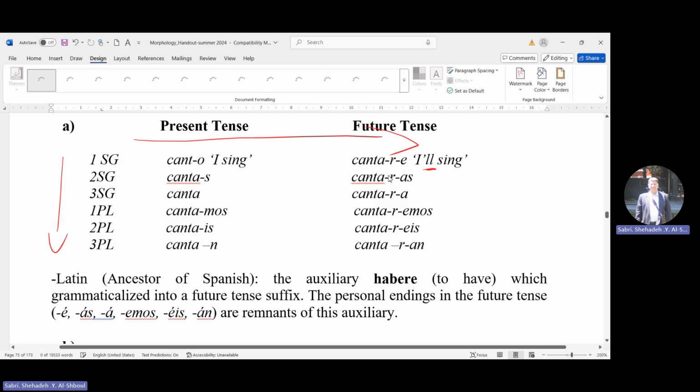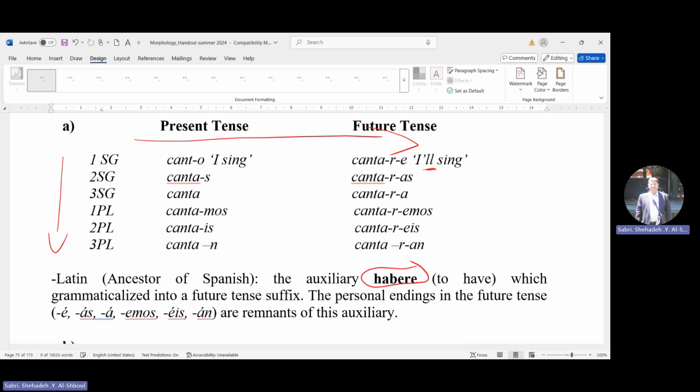If we look into this data, it is interesting to notice that there is a kind of auxiliary verb, which is habere in Latin, which means to have, right, which is of course the ancestor from which Spanish came. I mean, Spanish came from Latin. This habere has undergone a grammaticalization into future tense patterns.